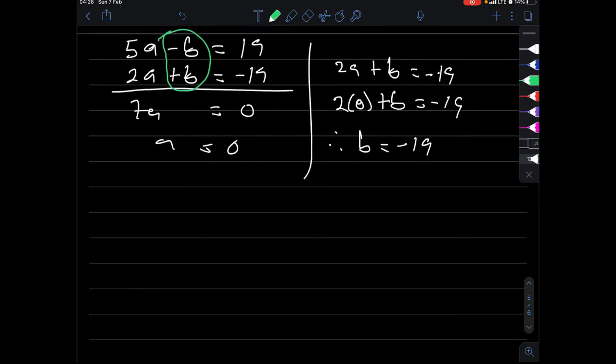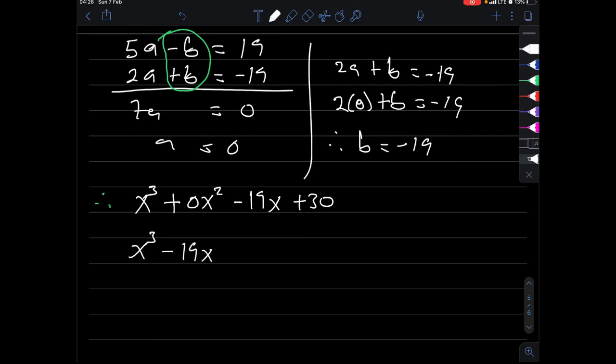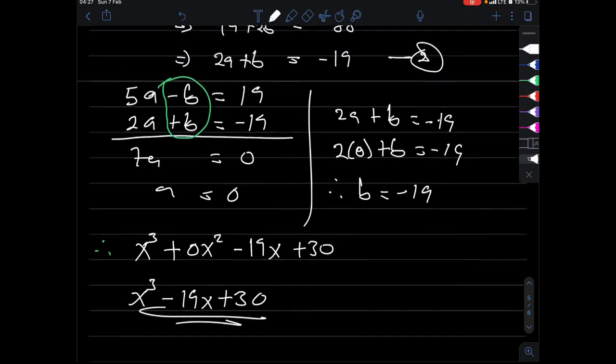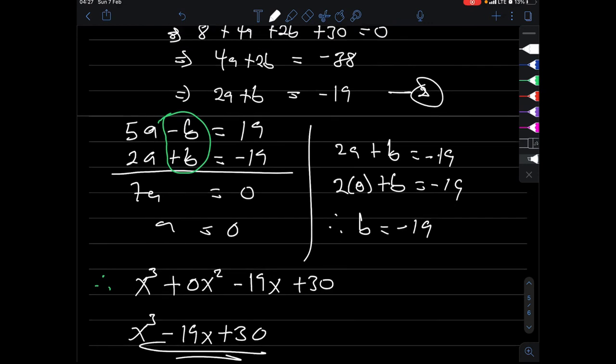So the polynomial is now x cubed plus 0x squared, because a is 0, b is negative 19, so we have minus 19x, and then plus 30. This simplifies to become this minus that plus 30, and then you are done. So this is how to use factor theorem to look for the values of a and b.